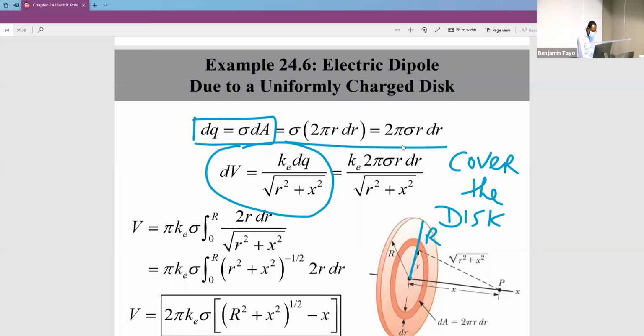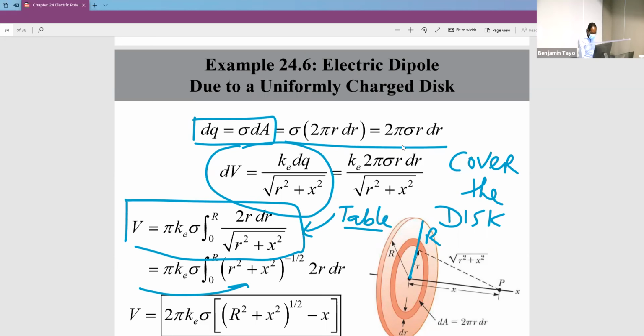Now what they've done here is try to solve this integral, but again, remember that once you get to this point, you just need to go to your table and look up the integral of r over the square root of r squared plus x squared, from 0 to r.